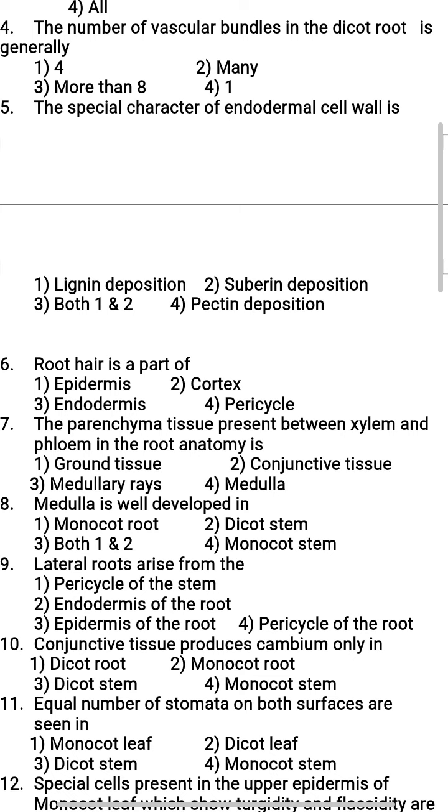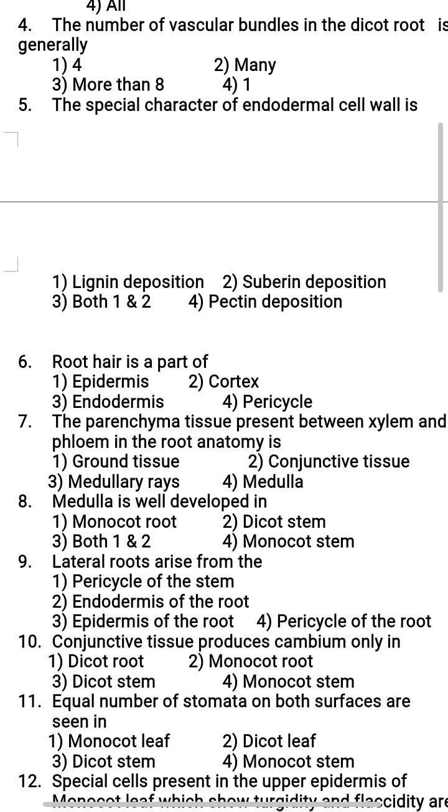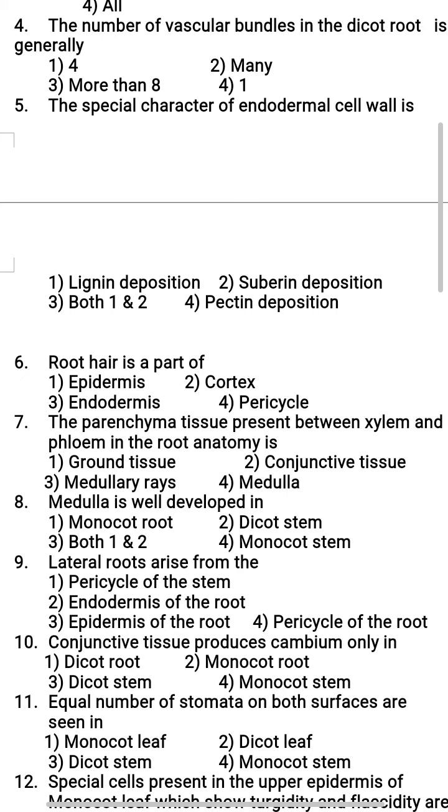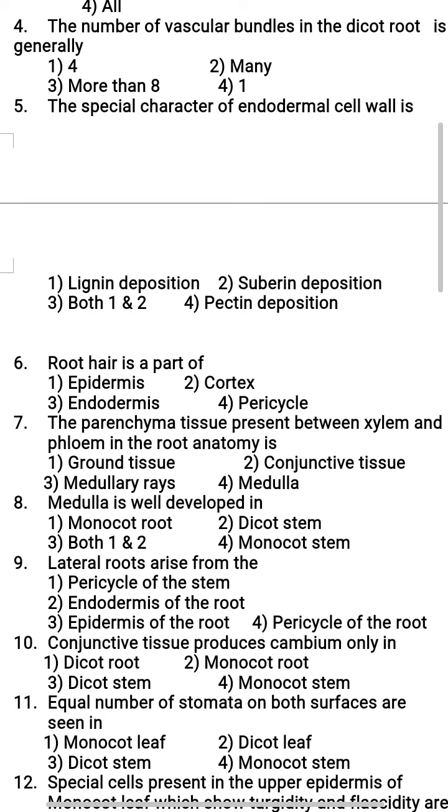The correct option for this question is option 3, both 1 and 2. Clear? Then let us see the explanation for this question. The innermost layer of the cortex is called endodermis.